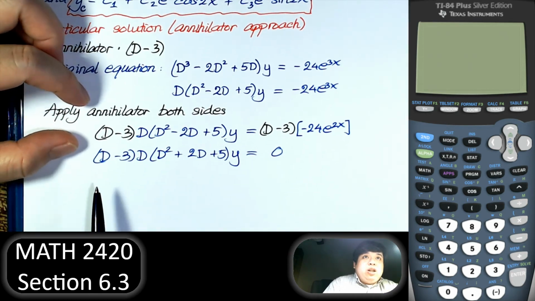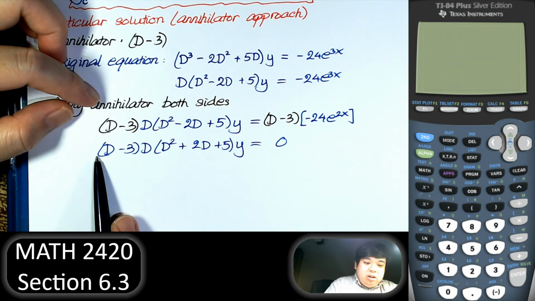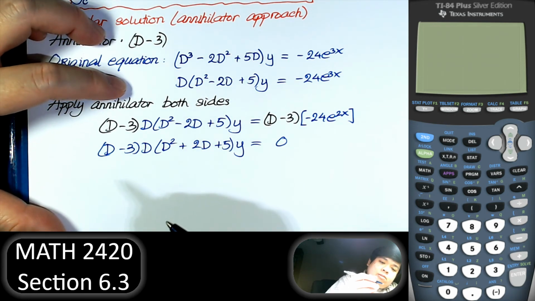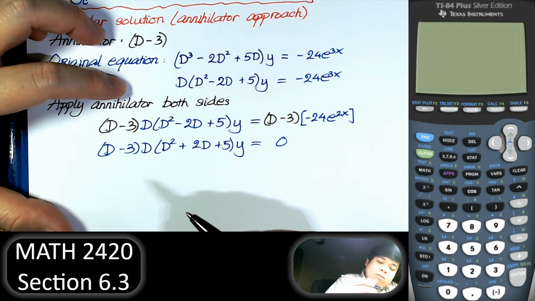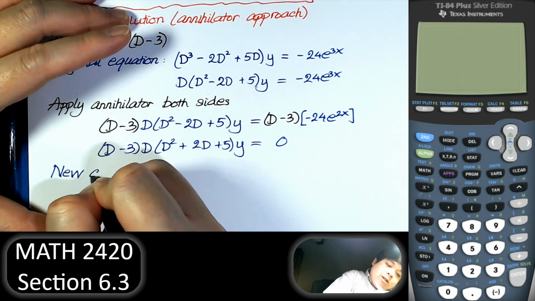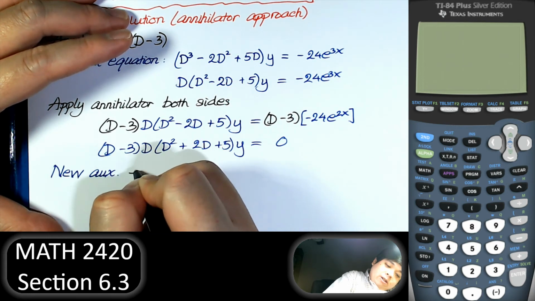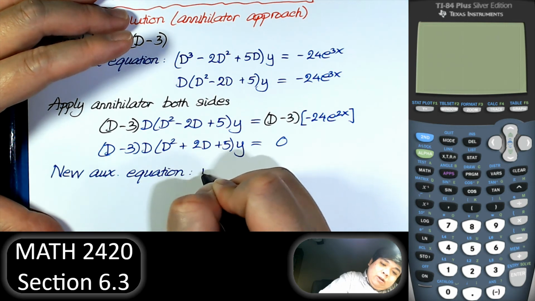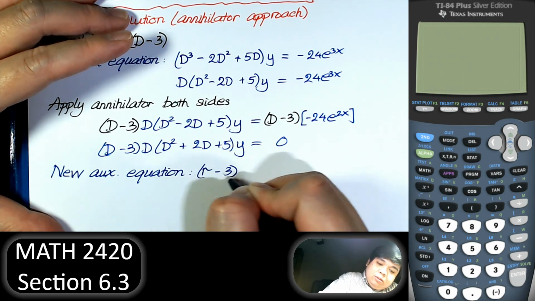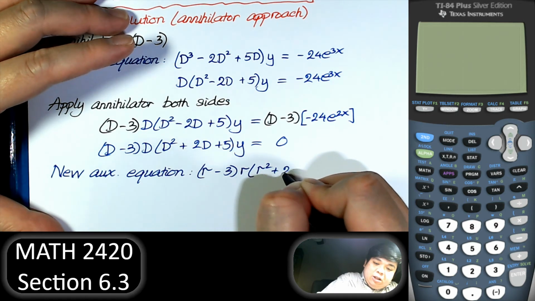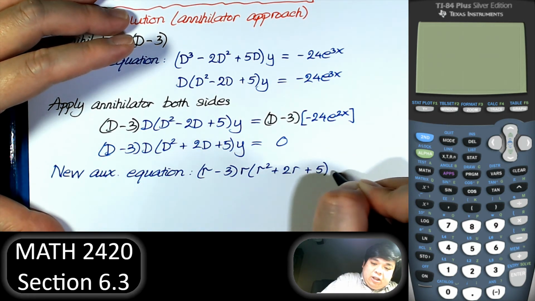So in this case, we just write the auxiliary equation, the same thing, but it's R instead of D. So we have a new auxiliary equation: R minus 3, R squared plus 2R plus 5 equal to 0.